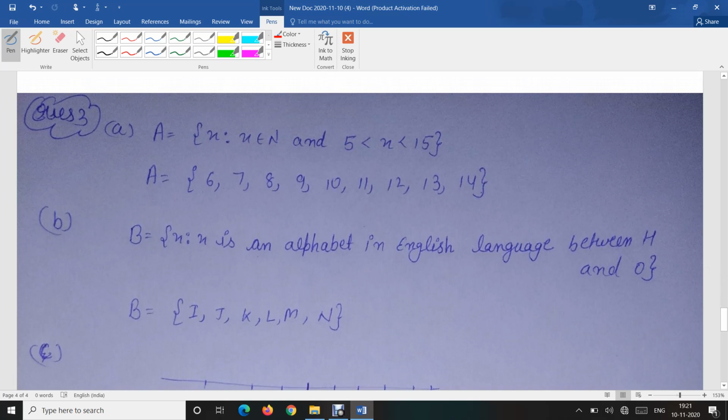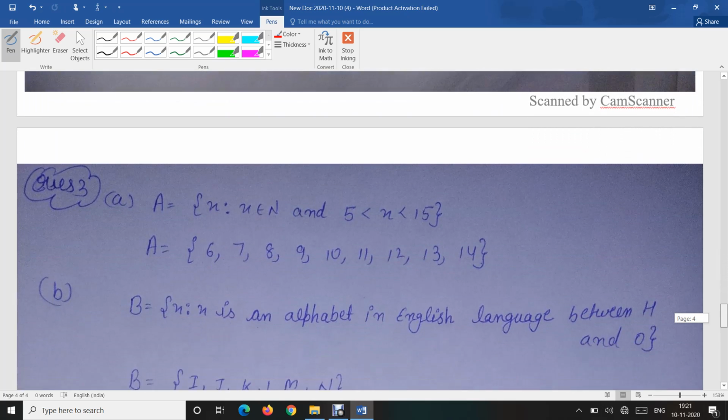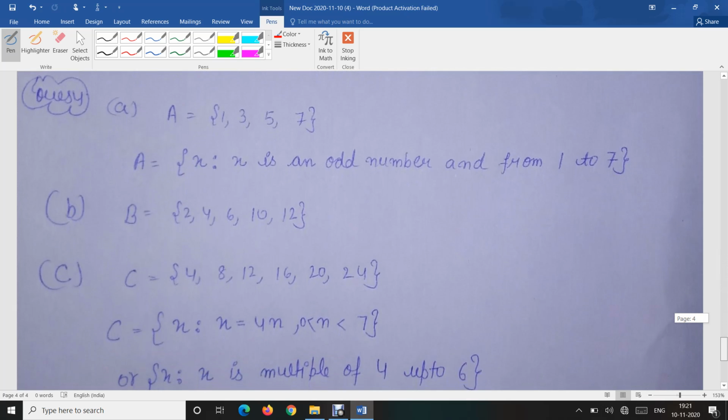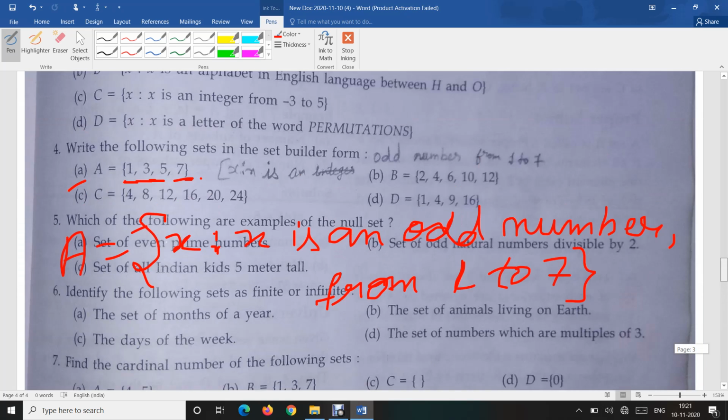This is question number 3 and this was question number 4. See how we write a set builder form. A is equal to 1 3 5 7, so A is the set of all x such that x is an odd number from 1 to 7. You have to define one more condition because x is an odd number. The next one we have B is equal to 2 4 6 10 12. You have to do it yourself.